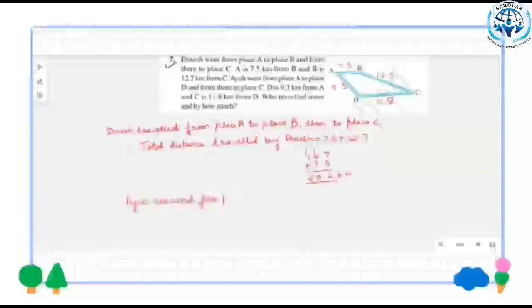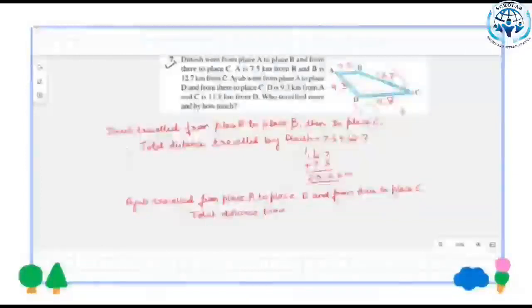Now we will calculate the distance traveled by Ayub. Total distance traveled by Ayub is 11.8 plus 9.3 is equal to 21.1.